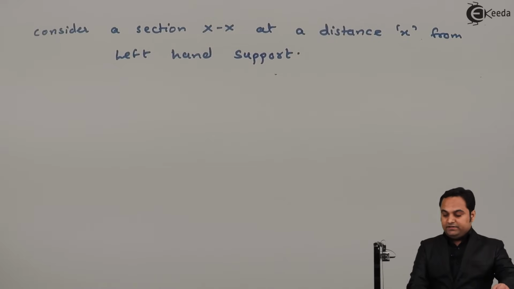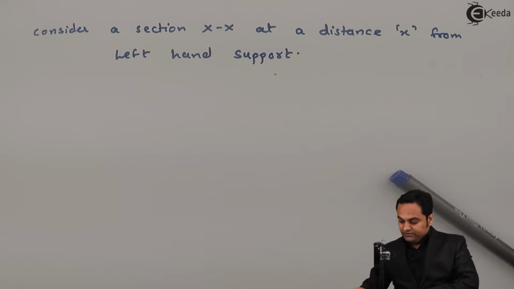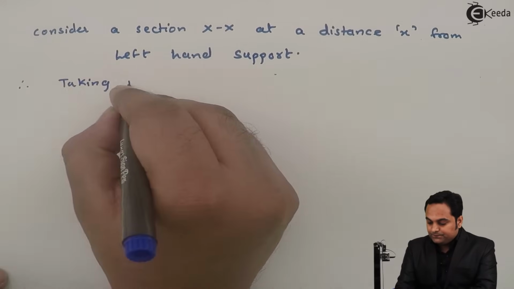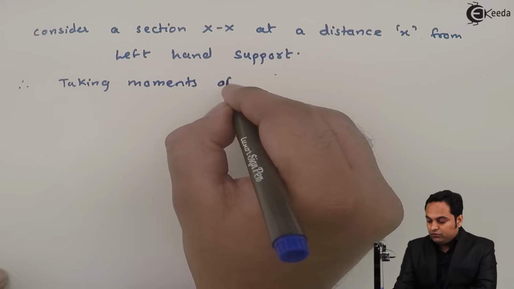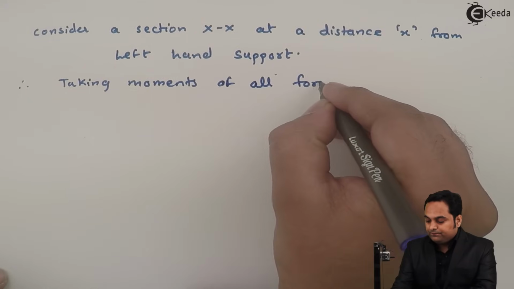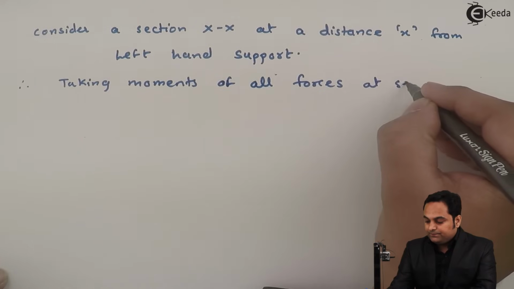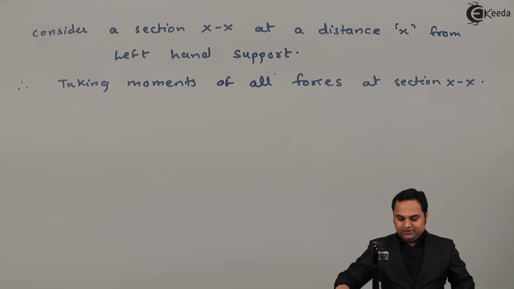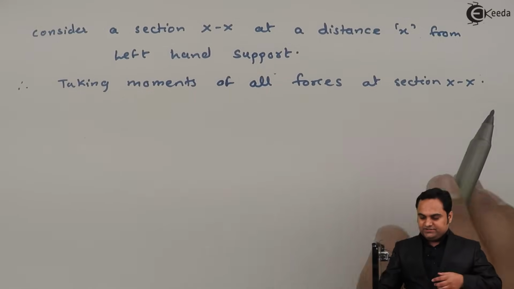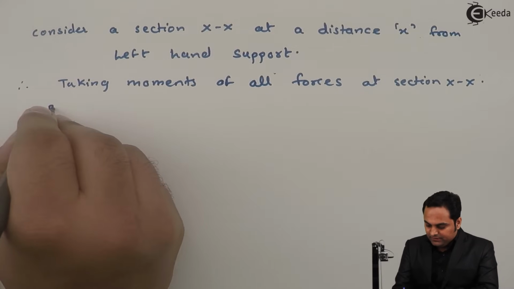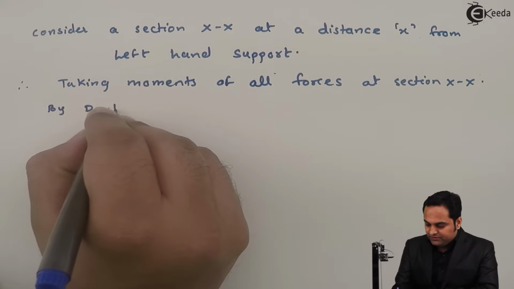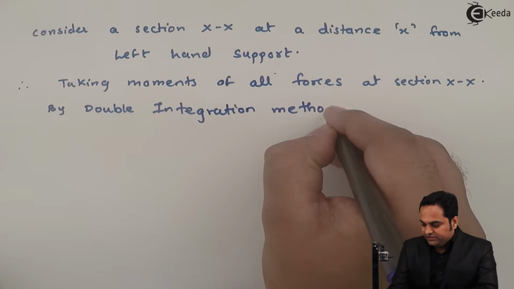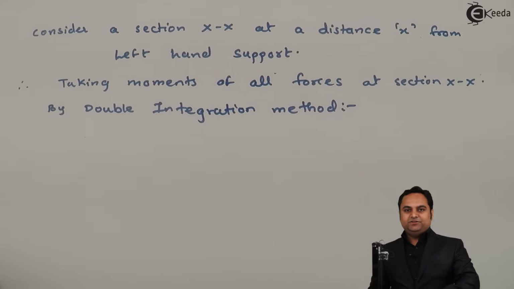So after I have taken the section, taking moments of all forces at section XX, and this is done by the double integration method, and many a time the double integration method is also called Macaulay's method.